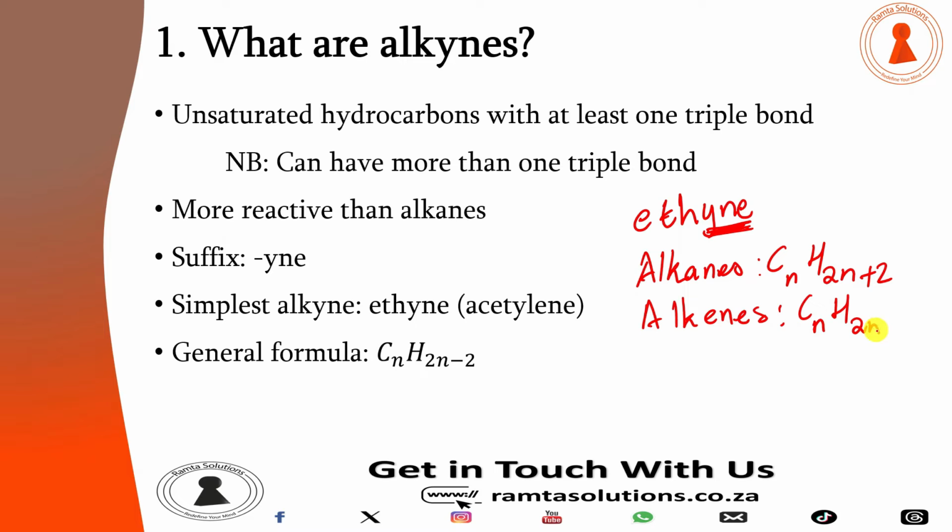Now alkynes will have a further two fewer hydrogens, meaning alkynes will have four fewer hydrogens than alkanes. Hence, it is not surprising that it is CnH2n-2. Do you remember? They have two fewer hydrogens than alkenes, meaning four fewer hydrogens than alkanes.